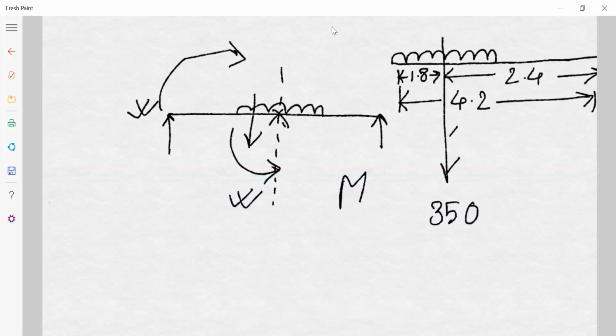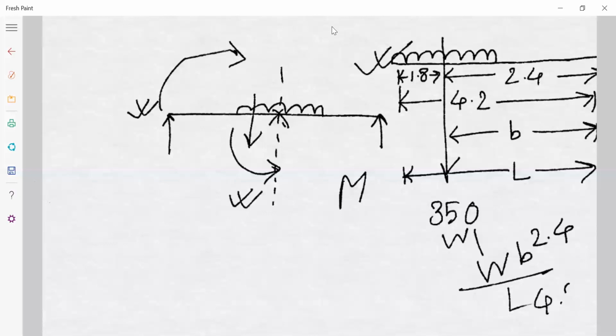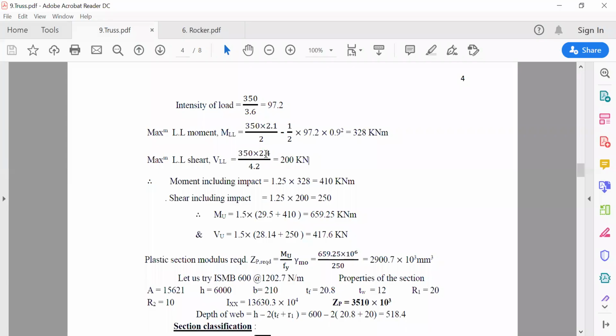So if this is B, this is L and this is W, the shear force at this point will be WB by L. So 350 into 2.4 by 4.2. That is what is going on here.